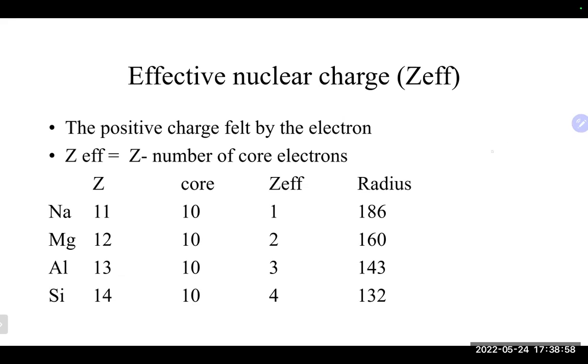So if we take our good friend lithium, which is 3, electron configuration 1s2, 2s1. When we have something like lithium, it has a positive 3 charge in the nucleus, from its 3 protons that are hanging out there.